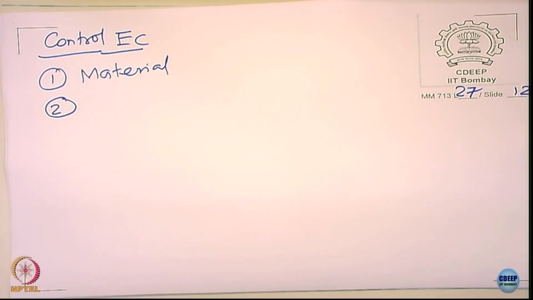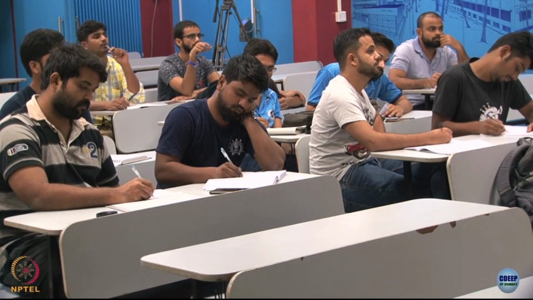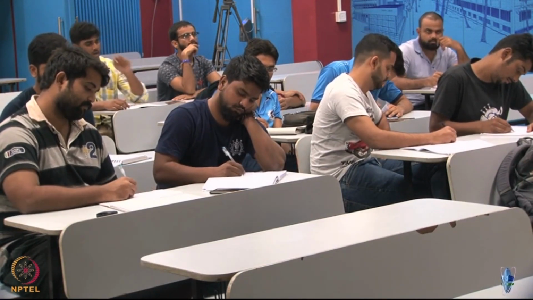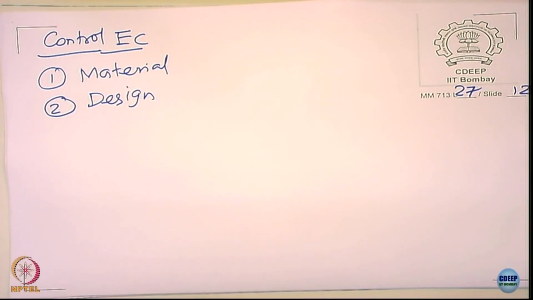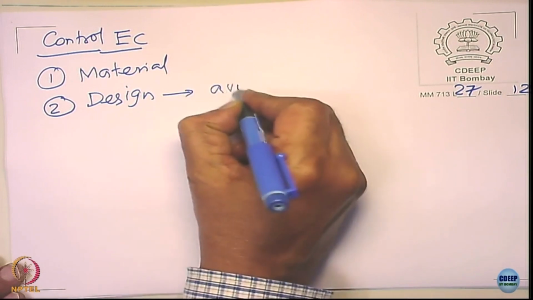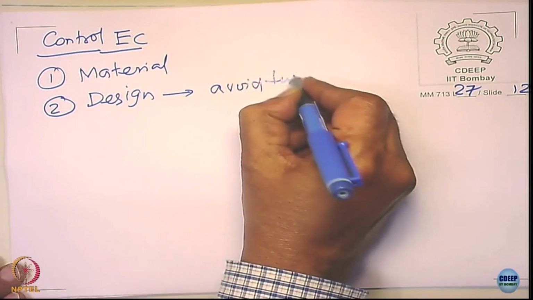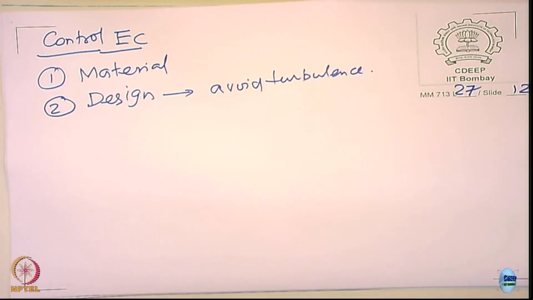Then what is the other important thing? Structure, the design. The design is the second most important thing. You can have a design to avoid turbulence. You may not avoid it completely, but you can minimize it.